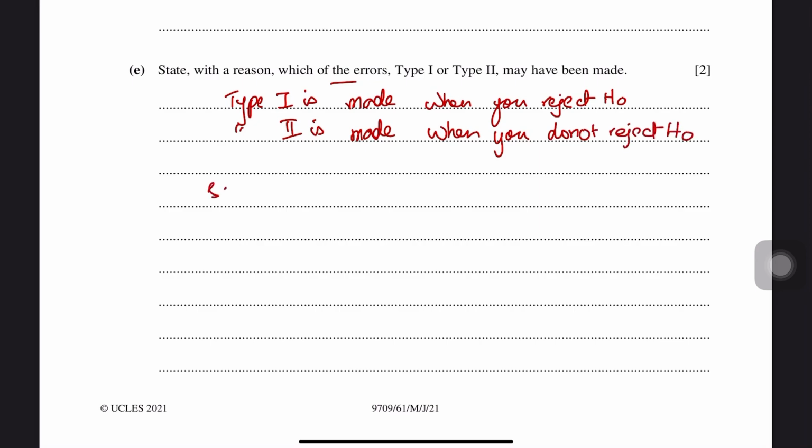So in this case, a type 2 error was made. Okay, that's the end of the exam.